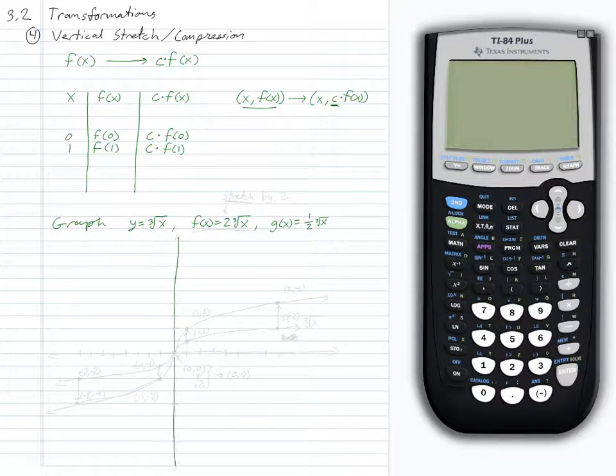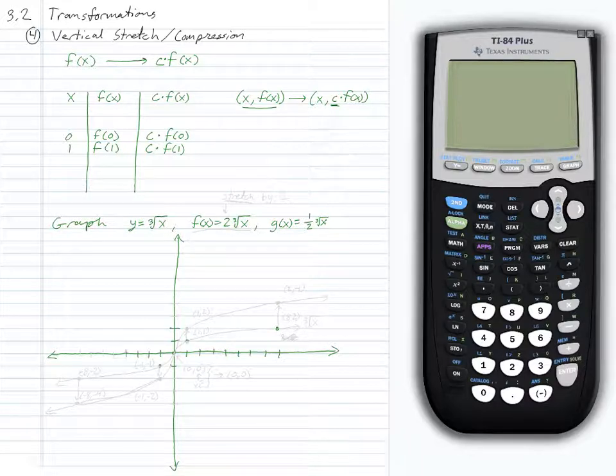Here's some nice large graph paper. We're going to base all of these off of the basic function, the cube root of x, which we know passes through the points (0, 0), (1, 1), (8, 2), and is odd, so it's symmetrical about the origin.